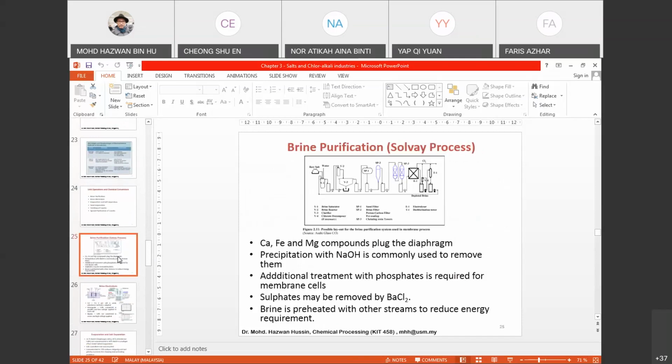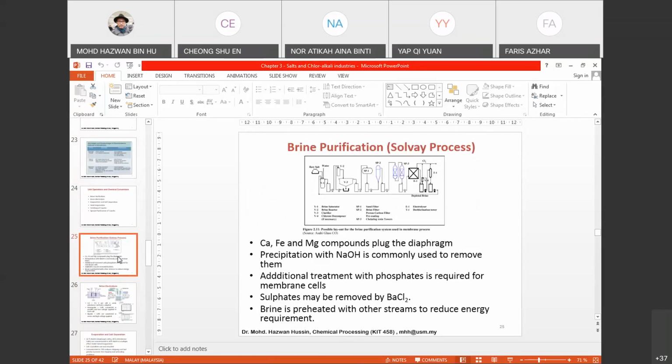By principle, there's not much difference between the diaphragm cell and the membrane cell. It's only the separator. One is using a porous membrane like Nafion, and the other is using a composite, which is asbestos. Another thing is the yield.